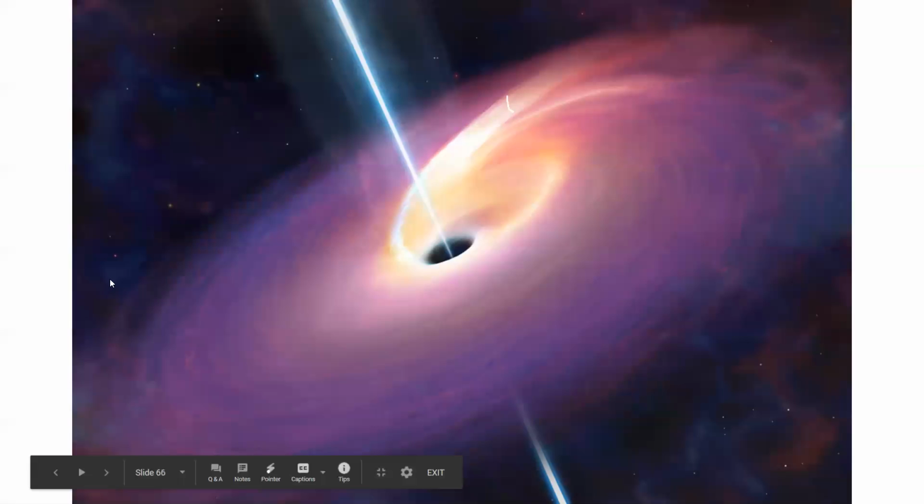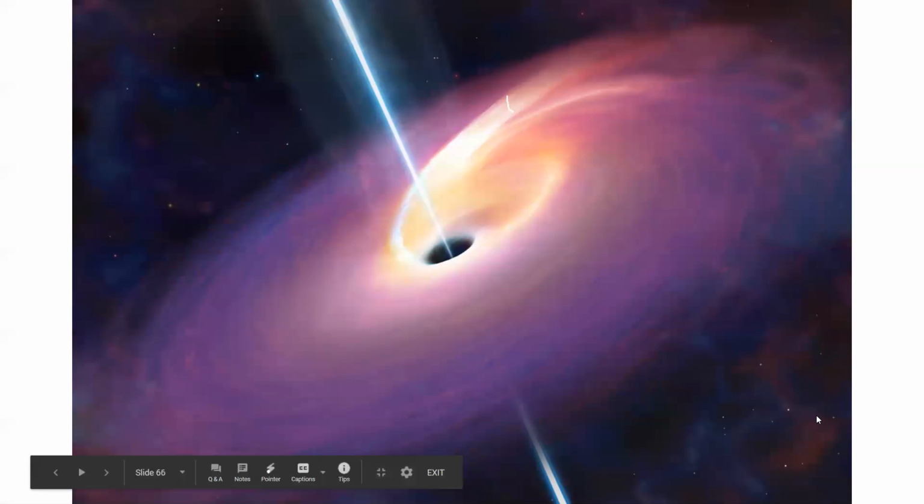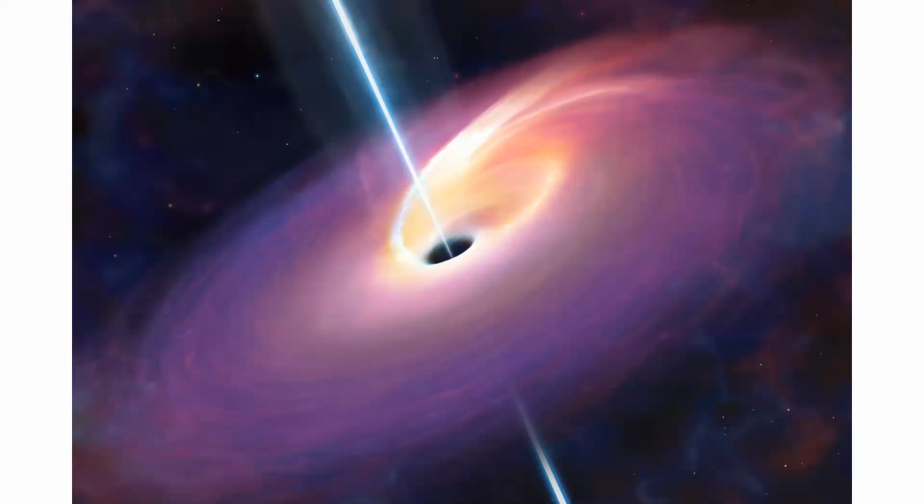And so I want you to get thinking about this. In the middle of this is a point in which you can't escape it. You can't leave it, because it's so massive. It has warped space so much that you can't leave, okay?